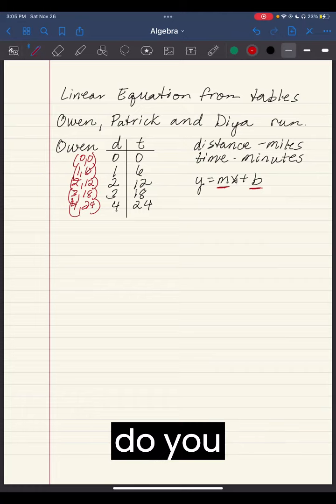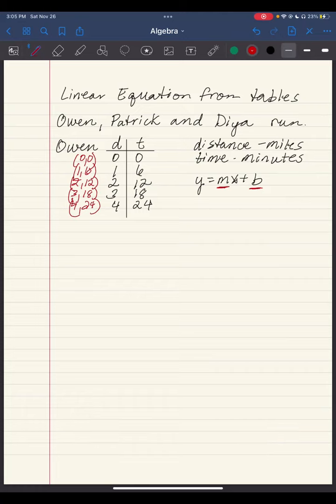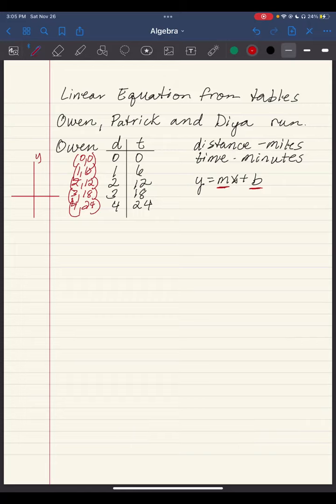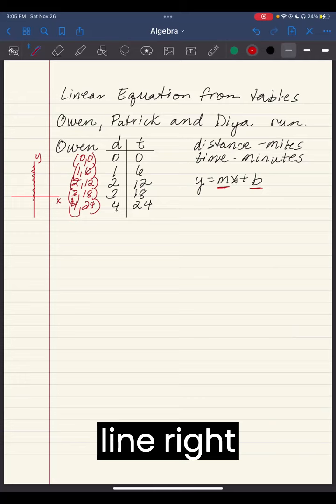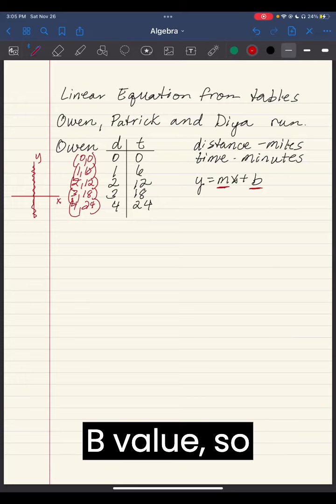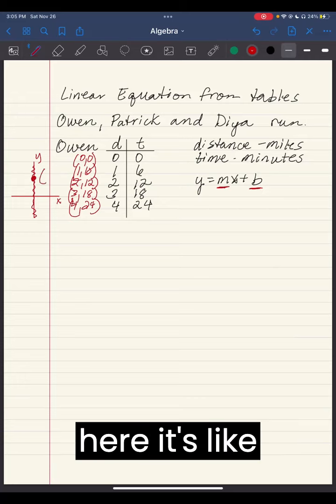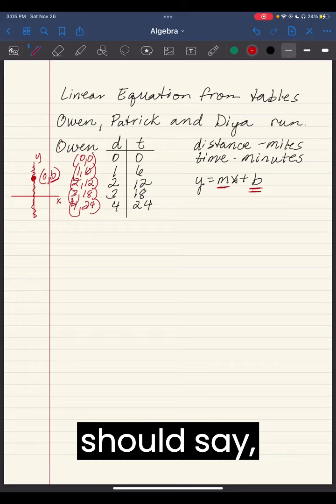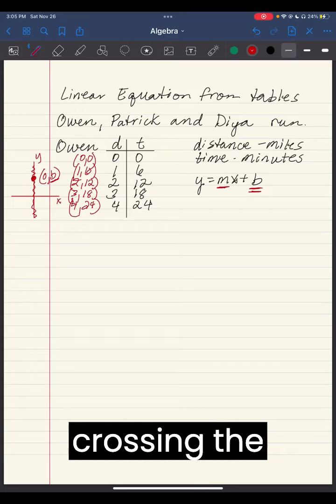Now, do you remember, the y-intercept is the place on the graph where it crosses this line right here, right? The b value. So if it crosses here, it's like 0 comma b. This value goes over here in the equation for b. So in this table, I should say, where is the graph crossing the y-axis?